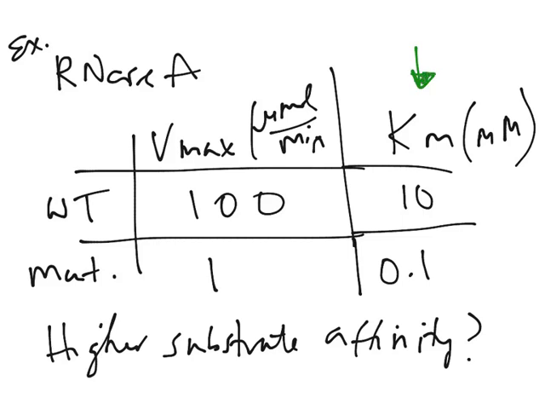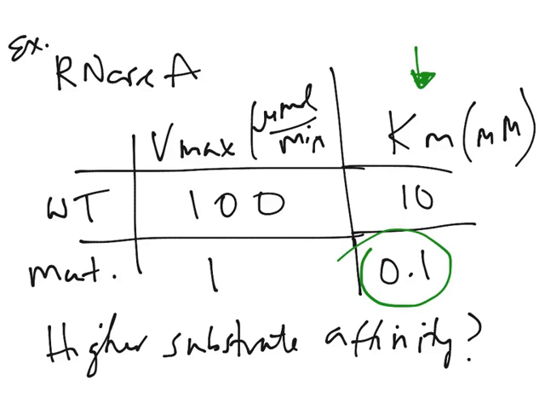Vmax doesn't have anything to do with substrate affinity right now. So since Km is an apparent Kd, the greater the Km value, the lower the substrate affinity. So that means it is the mutant that has the higher affinity for substrate because it has the smaller Kd.